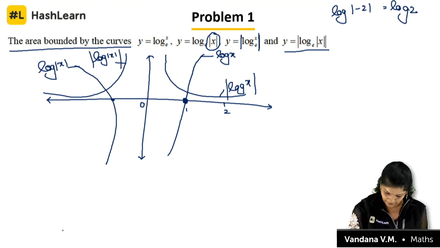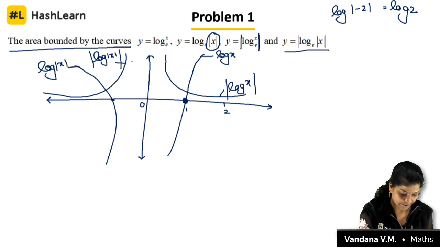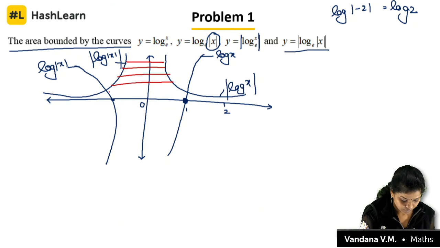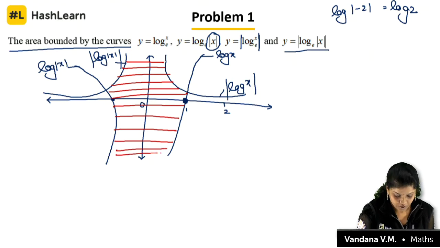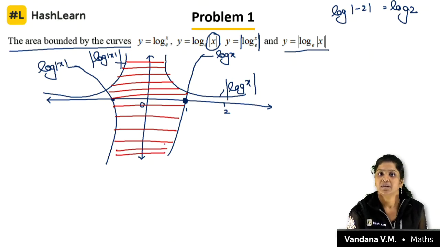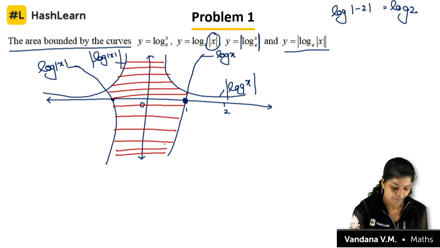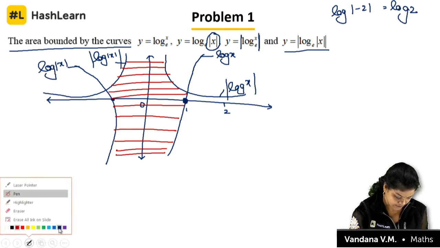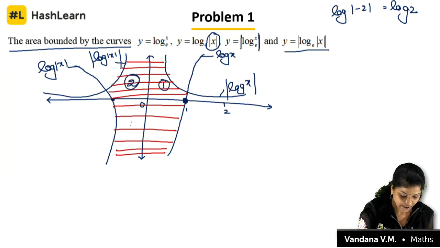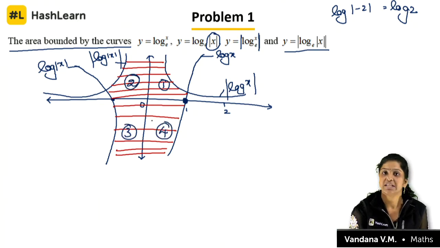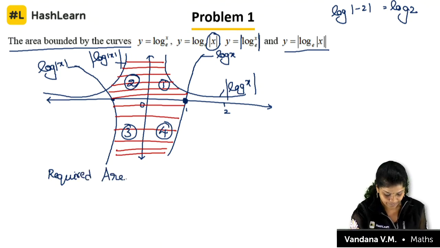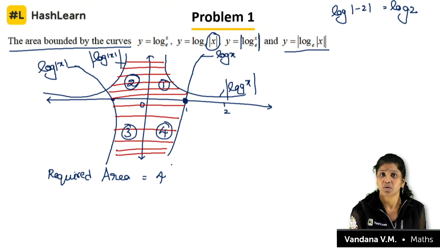And now I have to find out this area, the area bounded by the curves. So it is showing the symmetric, right? So instead of finding the 4 parts, first part, second part, third part and fourth part, the required area is 4 into anything you can take, but I am very clear when it is in the first quadrant.